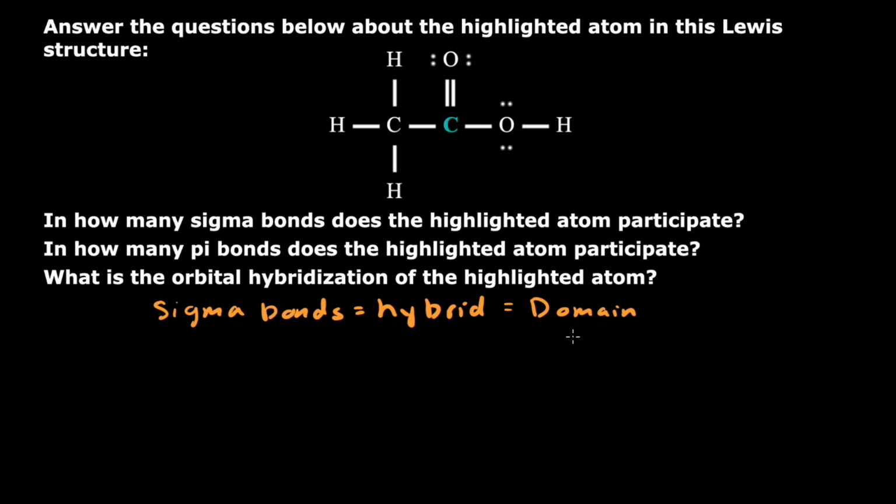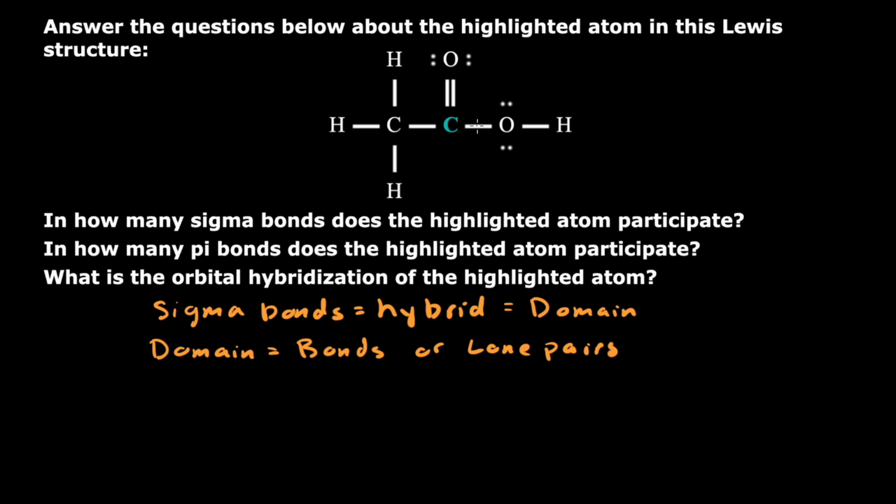So if we can count the number of domains, we can figure out how many sigma bonds and how many hybrids there are. A domain is either a bond or a lone pair, and for bonds, a single, double, or triple bond all count as one domain.